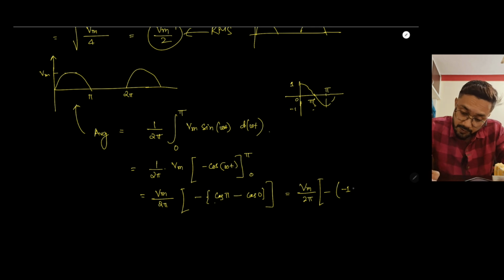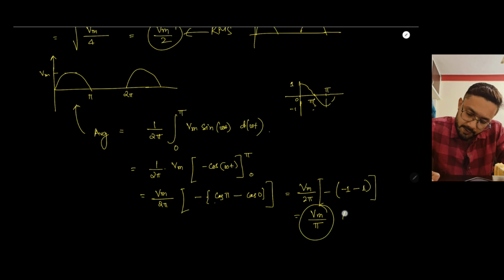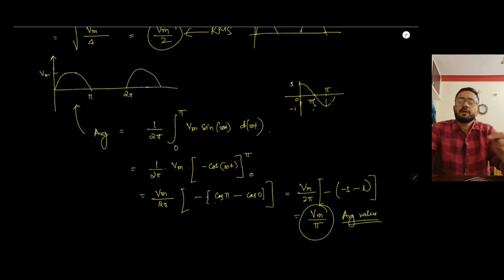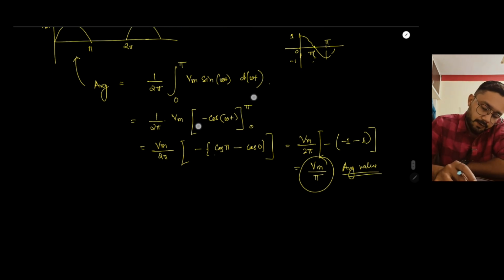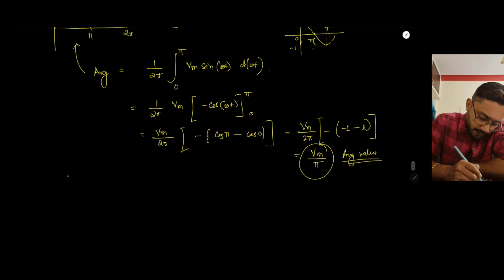Cos 0 is 1. So it will be Vm by pi. Okay, this is the average value of the half wave rectified output. So if we now calculate the ripple factor, what will be the ripple factor?